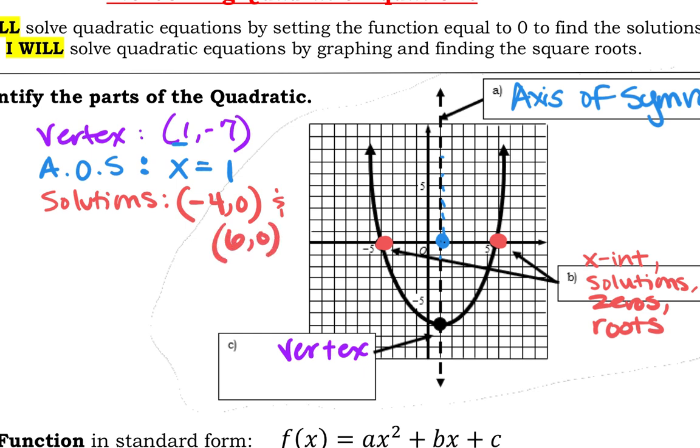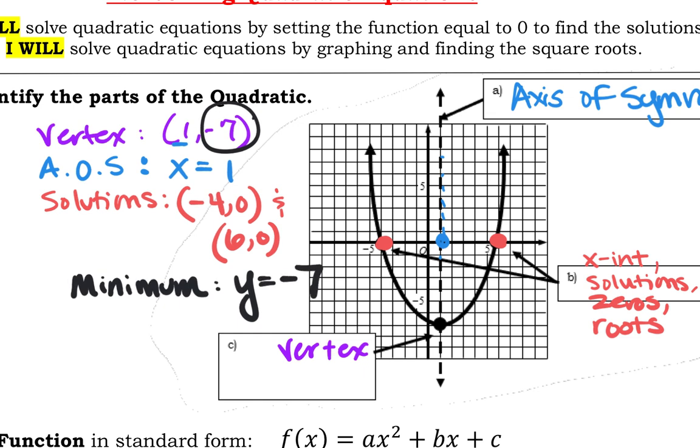Good. We also know if this is a maximum or a minimum. Is this a maximum or a minimum point? The vertex. It's a minimum point. And then the value is always the y value there on your vertex. The y value is -7.